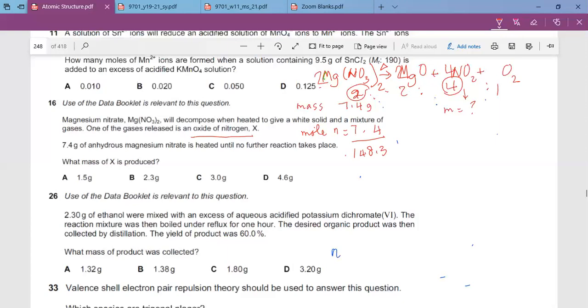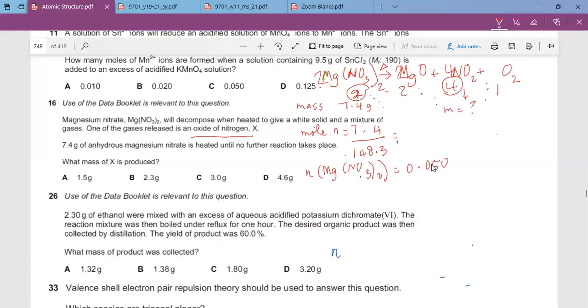So the number of moles of magnesium nitrate equals this value, which is 0.050 moles.